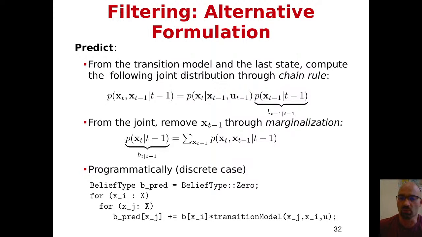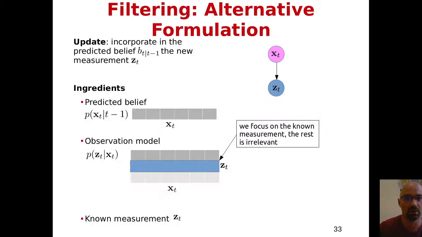So you will never have a chance to execute that transition. And so the predicted belief of being in state 2 will not receive any contribution from performing the transition from the state 1, because you didn't have any chance to be in the state 1.